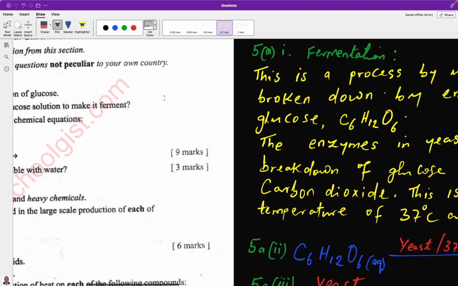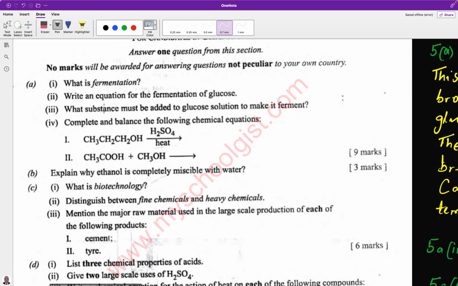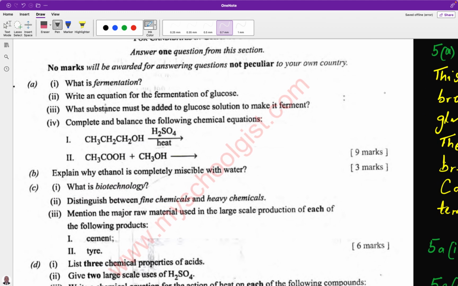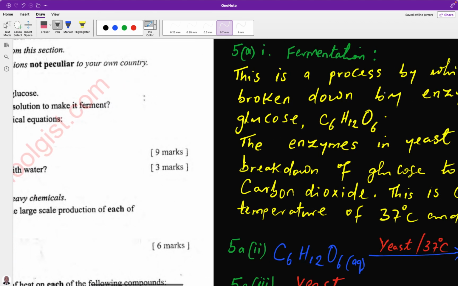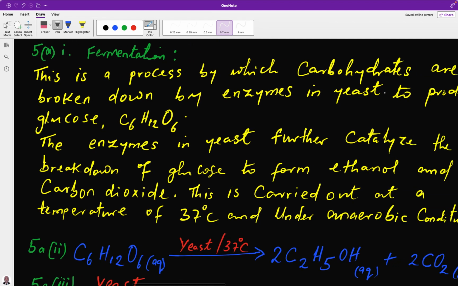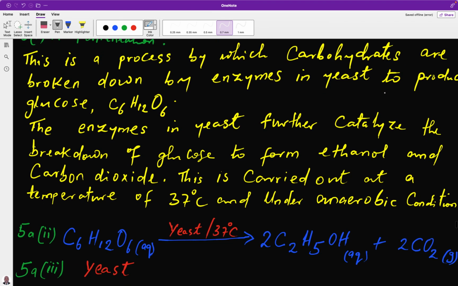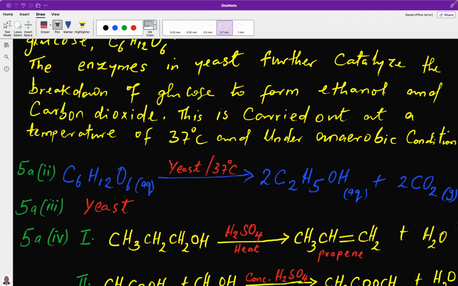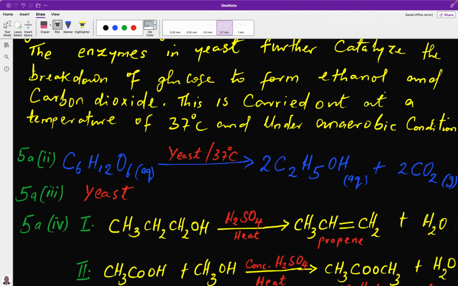The second part of it: write an equation for the fermentation of glucose. You just have to write the equation. You are given the definition. The equation here, that is 5A2, is C6H12O6.